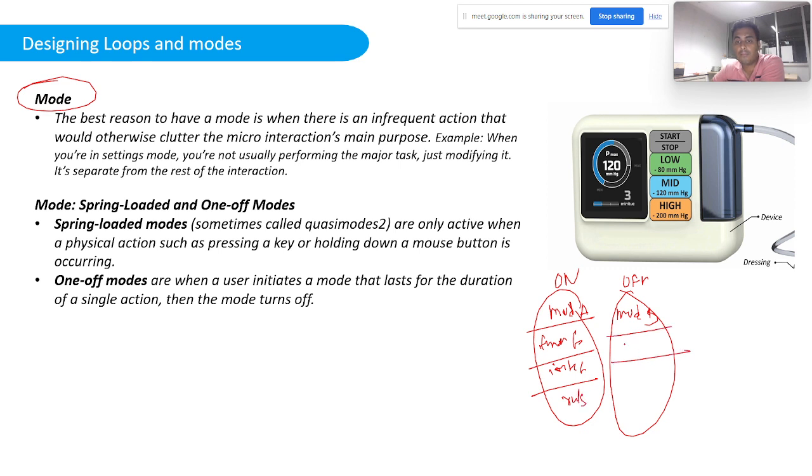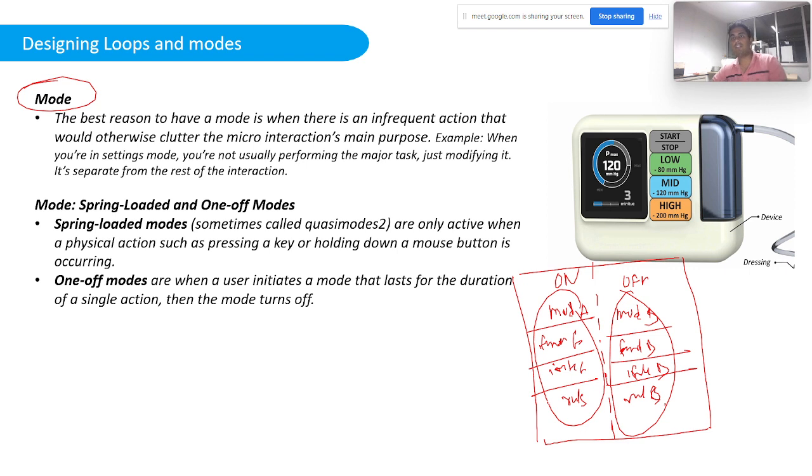Similarly, mode B has functions B, interactions B, and rules B. This is required when you need to create meta rules in order to distinguish two different sections of your algorithm. That's why you use modes.